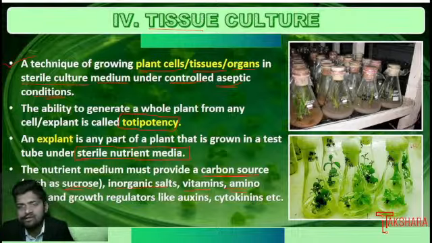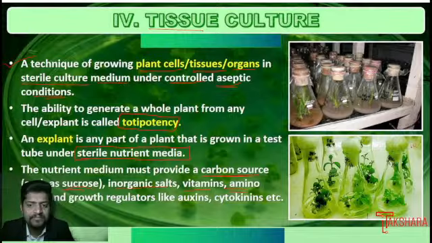In the field of growth and development of a plant there is a need of chemicals or enzymes, that is auxins will be required, cytokinins will be required, different components also required for the development of the plant body. So within that sterile media, we should add some kind of growth regulators also.